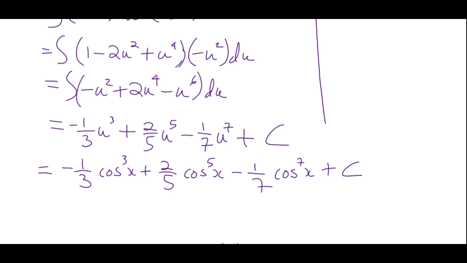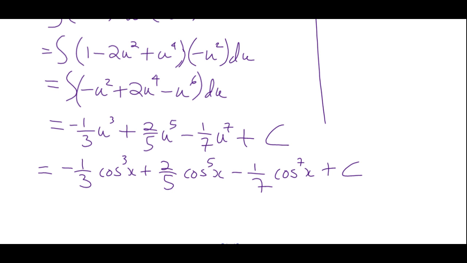The idea is take the odd power, express it as an even power, times a single sine x. Get a single sine x, get everything in terms of cos, use your identities, and away you go.